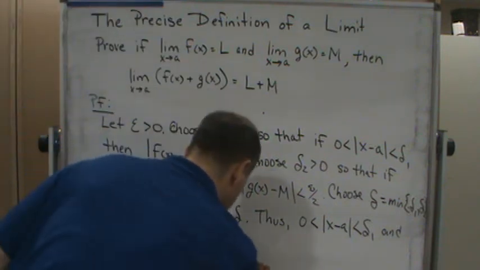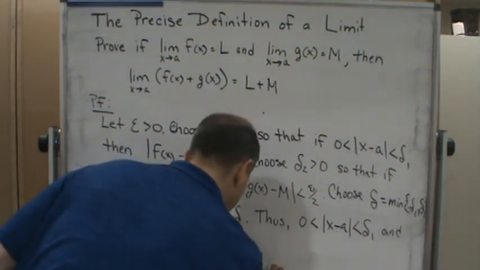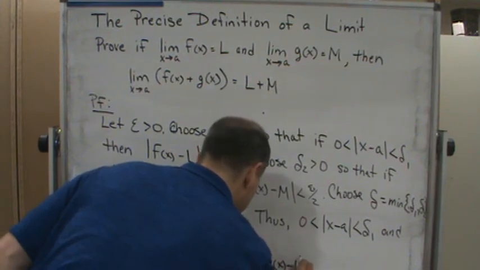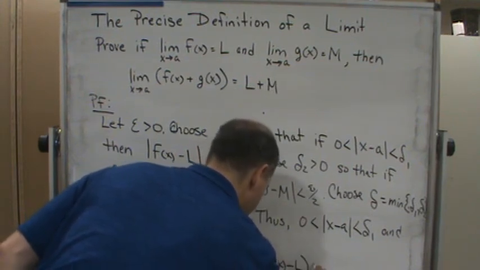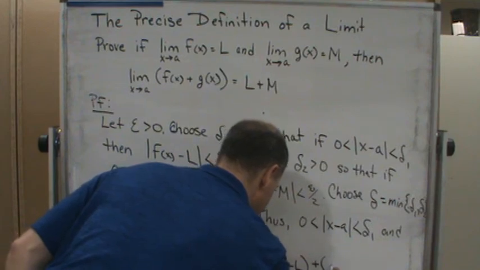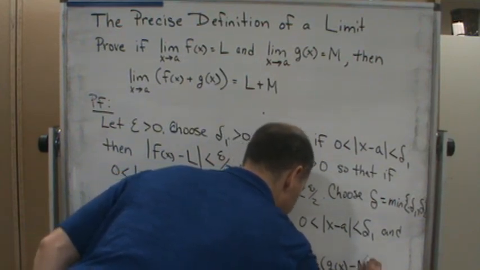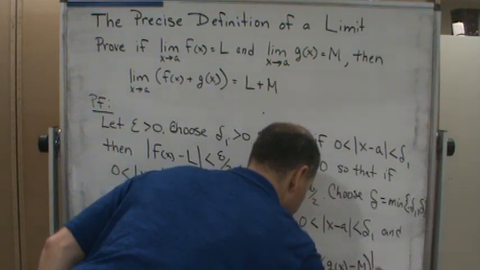Which then is equal to the absolute value of f of x minus L plus g of x minus M, right?